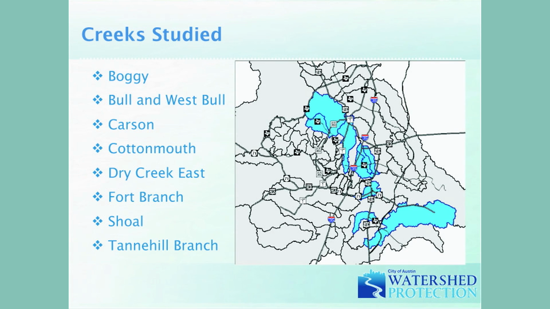Okay, which creeks did we study and why did we study them? You've probably read articles in the paper or online, recently or even in the past, about FEMA floodplains, and people saying, well, FEMA came out with this new floodplain. It's so old, and they just placed it on top of this map, and it's not even on the center line of the creek because their data is so old.